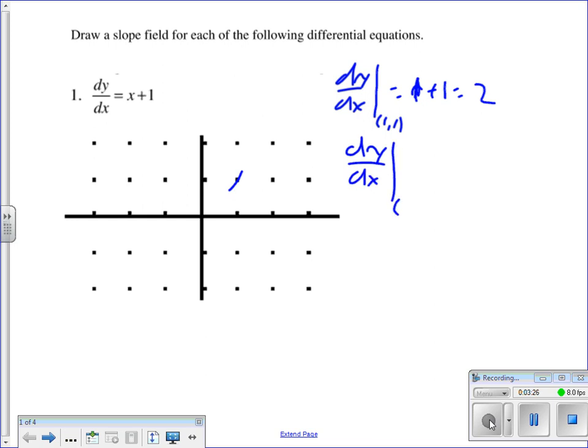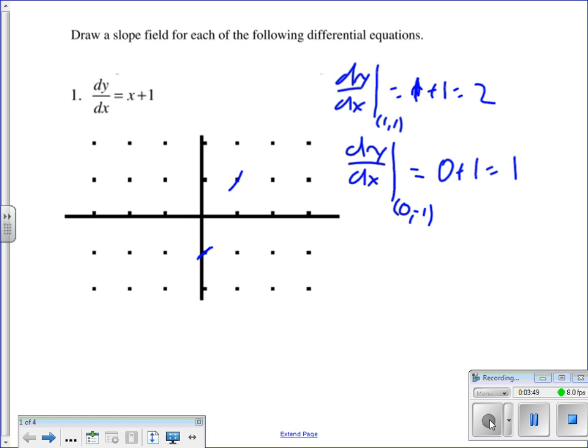dy/dx at the point, let's say (0, -1). Well, that's 0 plus 1, which is 1. So at (0, -1), I have one that's a slope of 1. Do you see where I'm going with this? It doesn't matter.